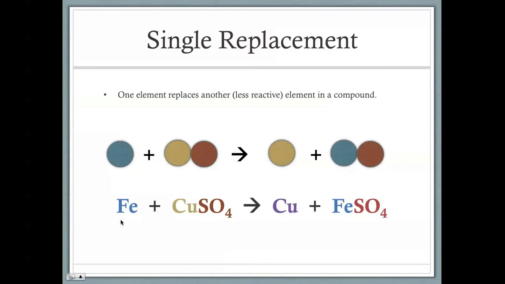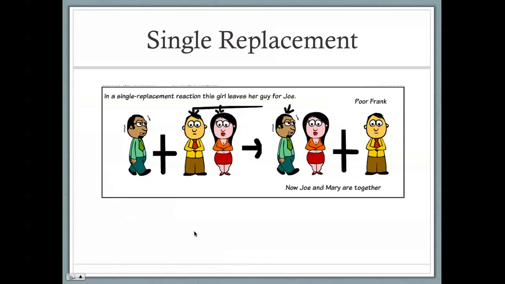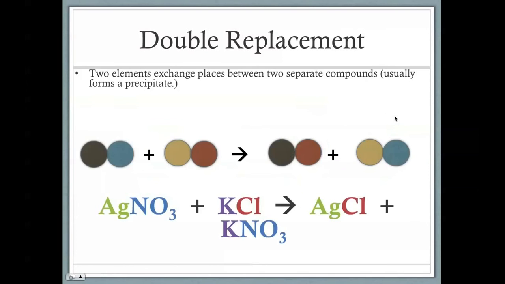Again, you're looking for an element by itself and a compound, and the two metal elements are switching places. This is similar to the graphic on your screen. Mary was basically with Frank, and then she dumped him and started dating Joe. And while it's great for Joe, now poor Frank is by himself. So again, representing a single replacement reaction.